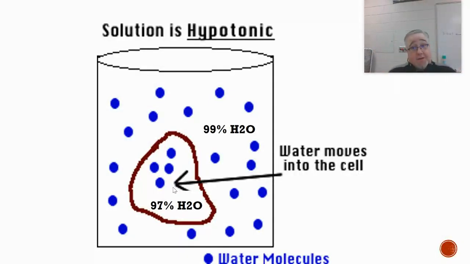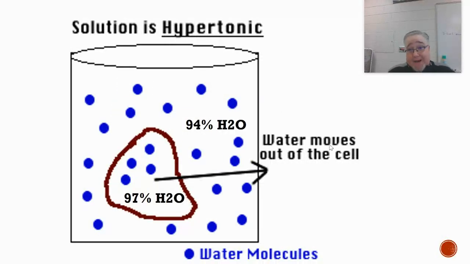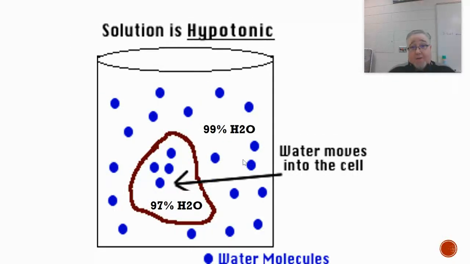Now, some cells, if there's too much water, could explode, right? They could break. Think about cell membranes like a water balloon. If you fill it up too much, the water balloon can break. So that could be an issue with cells. We don't want our body cells in hypotonic environments. In fact, we don't really want our cells in hypertonic environments either.